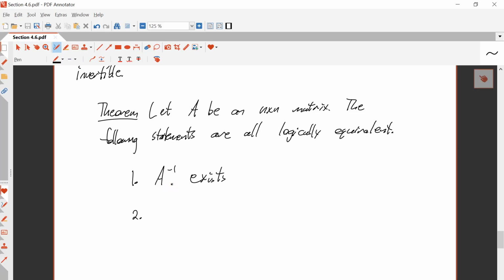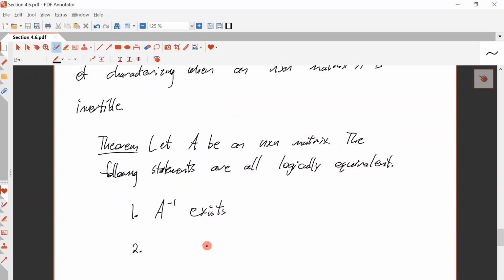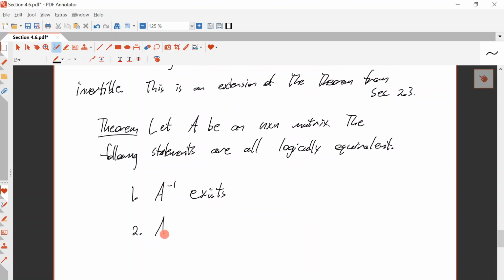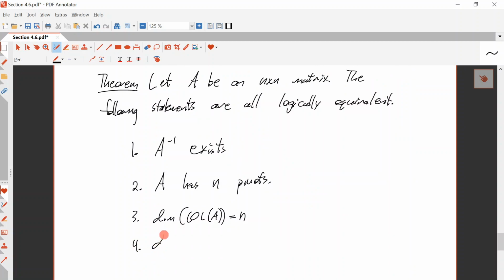So this is an extension of the theorem from section 2.3. A inverse exists, and I'll write down the pivot thing. A has n pivots. The dimension of the column space of A is n. The dimension of the row space of A is n.